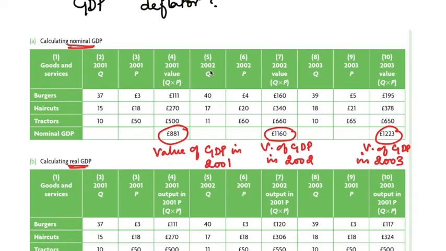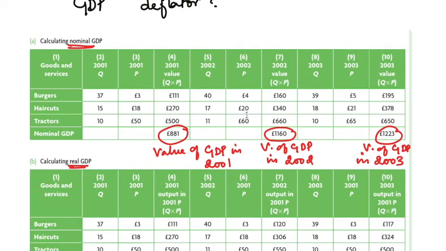In 2002, these are the quantities produced. Three more burgers are produced, from 37 to 40, and two more haircuts and one more tractor. And the prices also have increased. Instead of 3 pounds, now you have 4, instead of 18 you have 20, and instead of 50 you have 60.